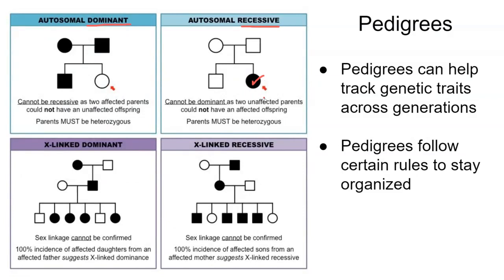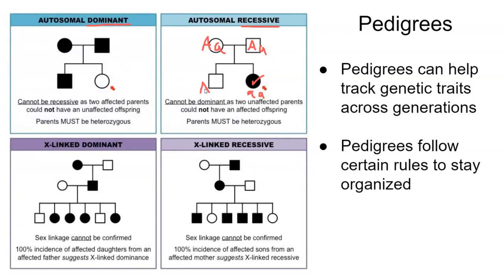But because I know this person is affected, I can assume that both of these parents had to be carriers of that trait. If nothing else is going on, no links or sex linked or anything like that, I assume that these parents are heterozygous, because in order to have an offspring that expresses that recessive trait, I would have to have a carrier parent.